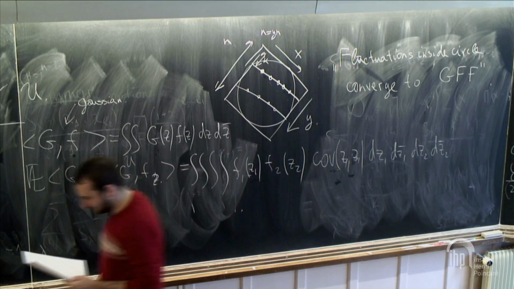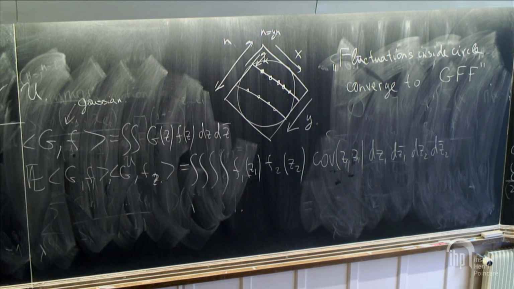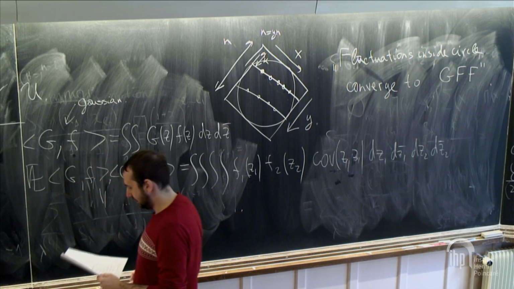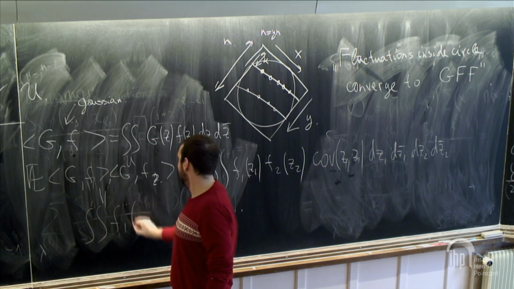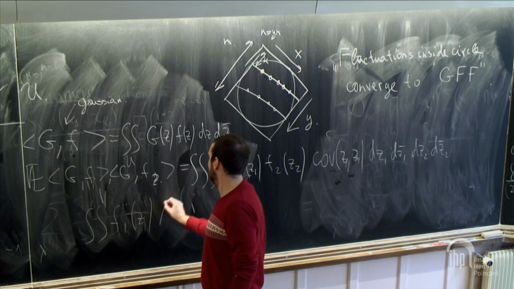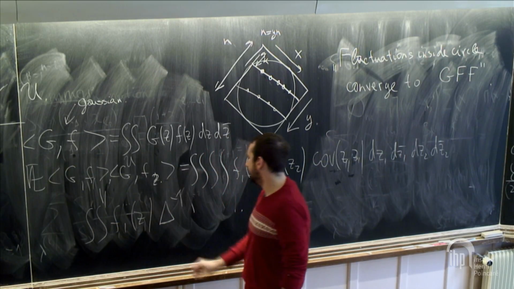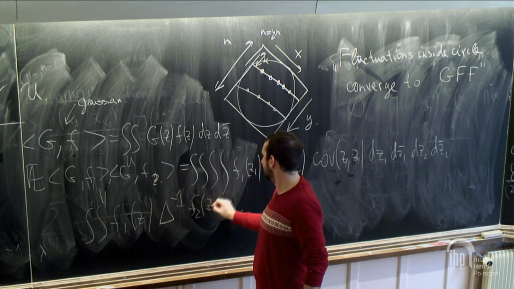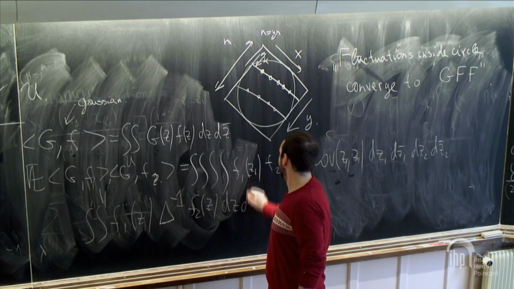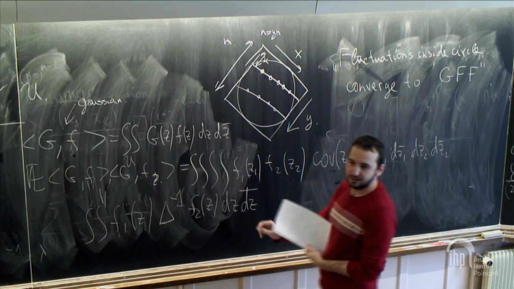So it's somehow useful to know another form of this formula, which says that the same thing is equal to the double integral of f1 of z times delta inverse f2 of z dz bar.